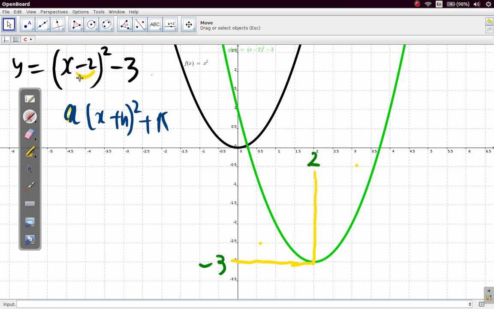We saw that the minus 2 inside the bracket means the graph of x squared was shifted 2 units to the right, and the minus 3 outside the brackets shows that the graph was shifted 3 units down. Now let us play around with this graph some more.